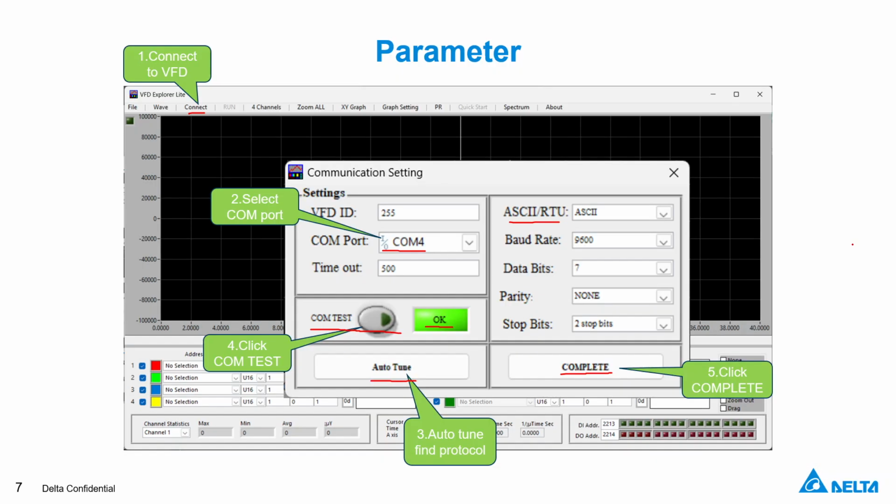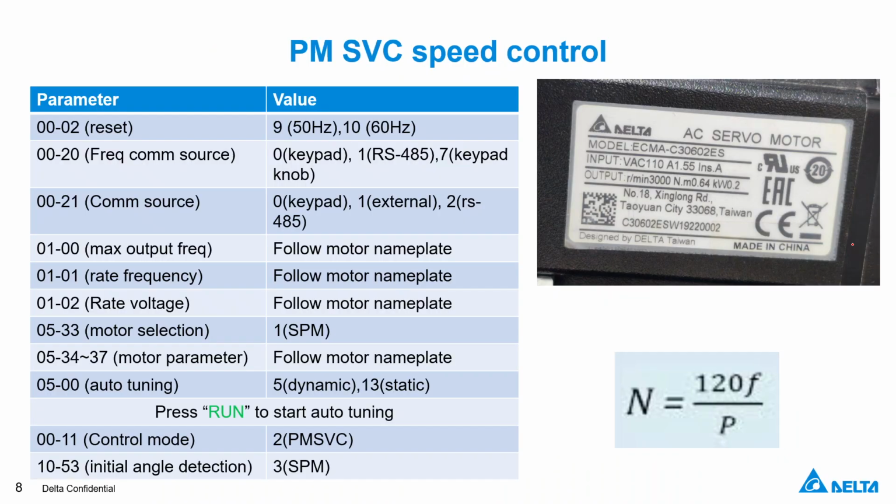But before that, let me show you parameter tuning for PMSVC speed control. For this example, I will be using a Delta AC servo motor. The model is ECMA-C30602. This one is not UL certified, so this is just for example.